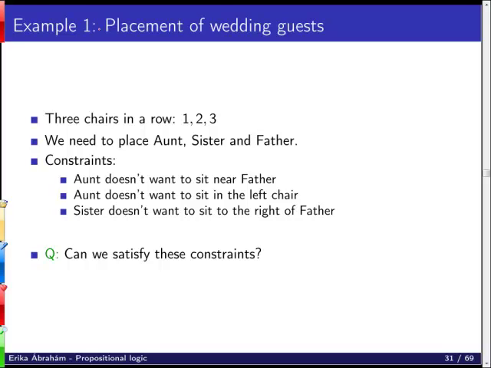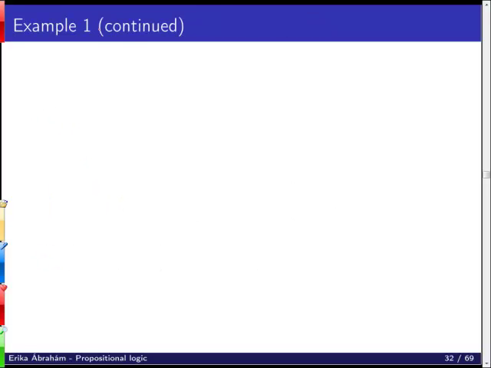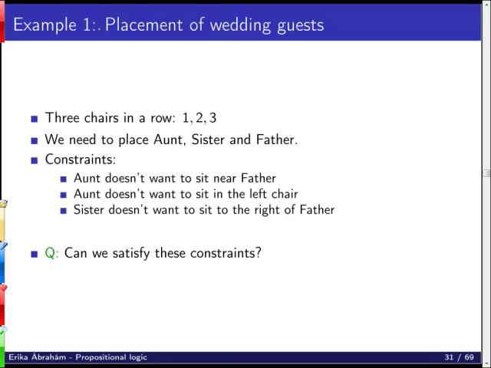Okay, did anybody find out if it is satisfiable? Not satisfiable. So we have three places, three chairs. Let's say chair 1, chair 2, chair 3, and let's say this is the left one. The aunt doesn't want to sit in the left chair. That means we have here only father or sister. Then the aunt doesn't want to sit near father.